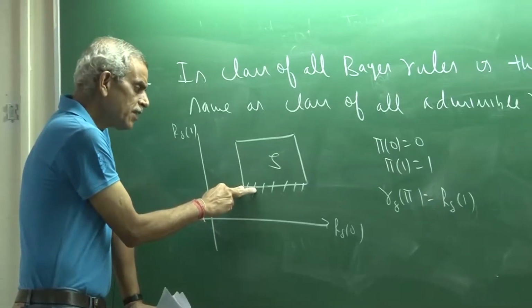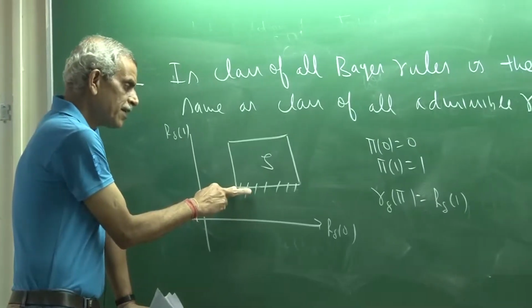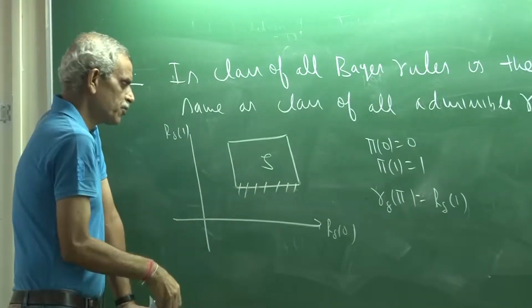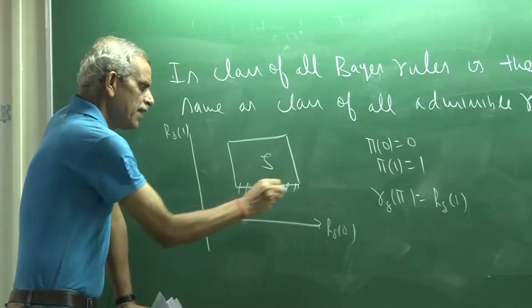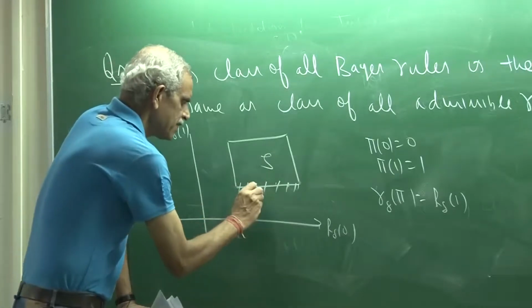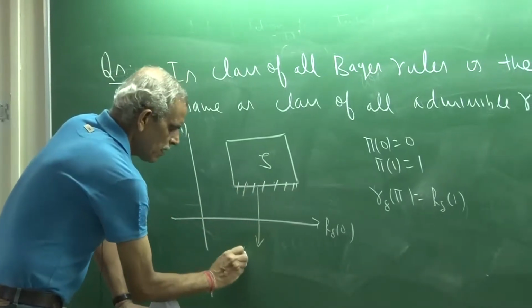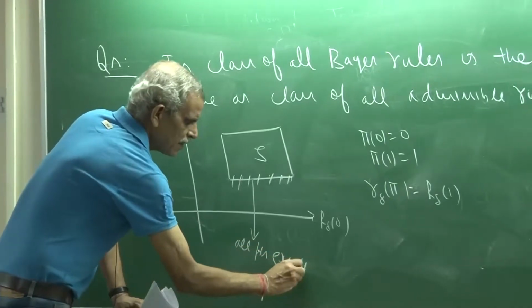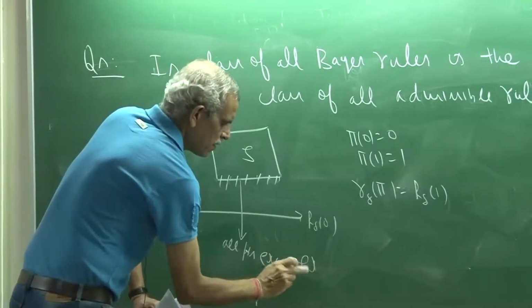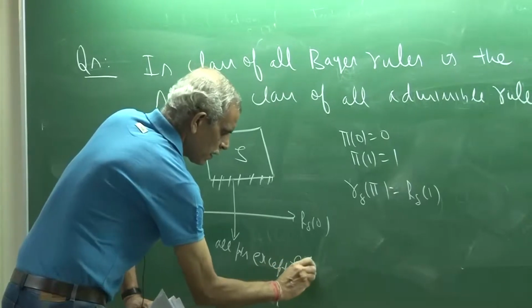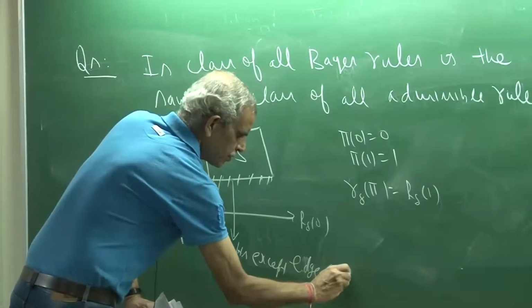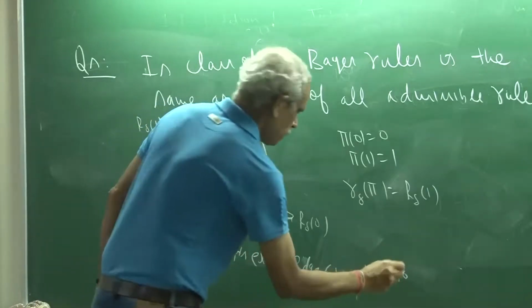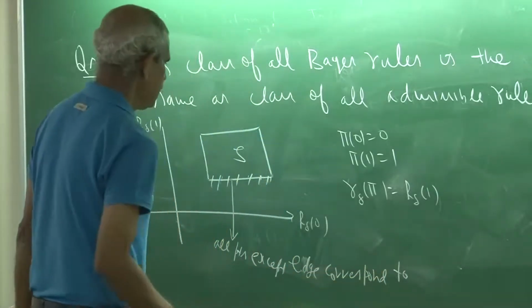So risk at delta 0 would be smaller, and risk at theta equal to 1 would be the same. So all these points would be inadmissible except the edge. All points except the edge correspond to inadmissible rules.